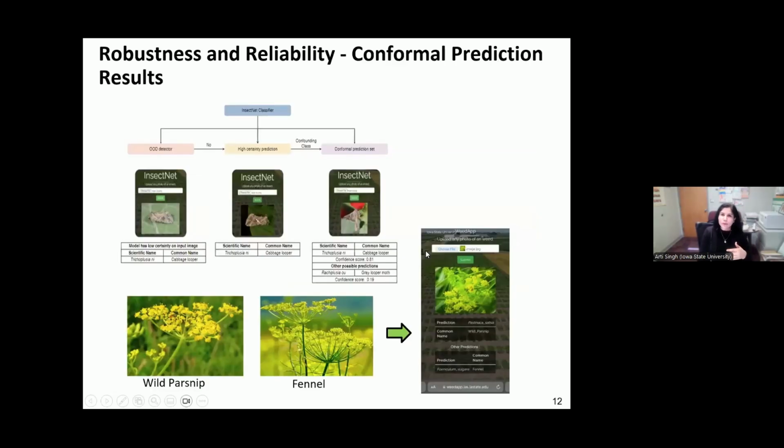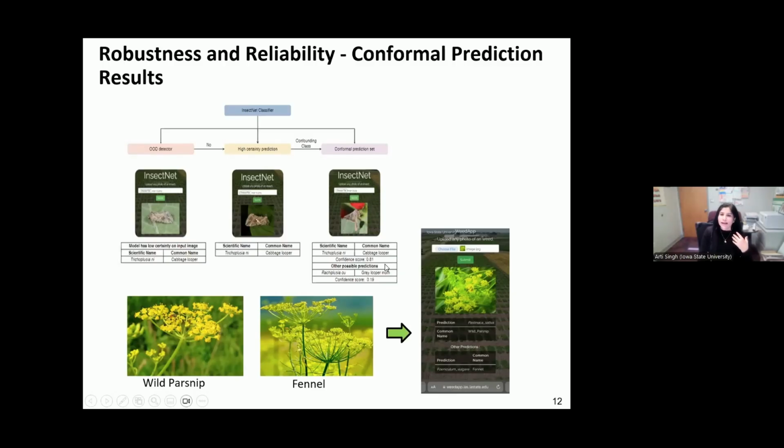Another coolest thing which we did in our model is that when we have similar looking species, in this case, you see cabbage looper can look very similar to gray looper moth. So when our model gets a picture in which the features are not clear, it will not say that it is a gray looper moth or cabbage looper.